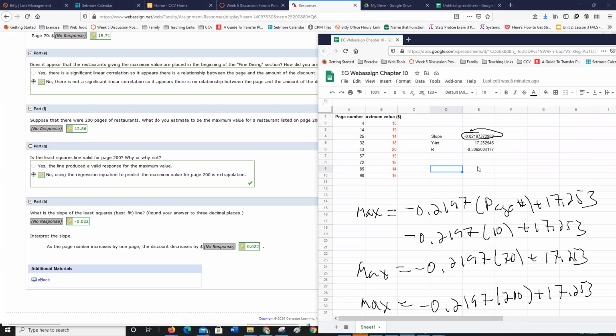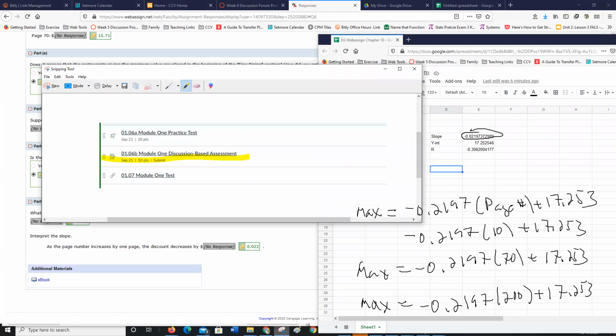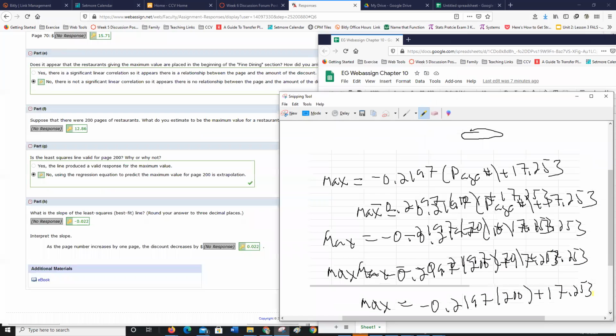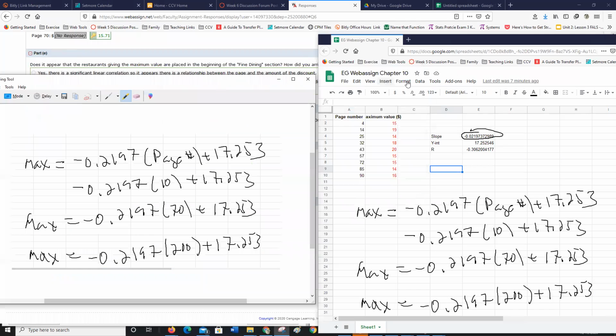I'm going to kind of cheat a little bit and let the spreadsheet do this. Actually, let me grab these pictures, so that you have those in the spreadsheet, and I'll upload those to the spreadsheet for you. And then I'm just going to clear out that writing.